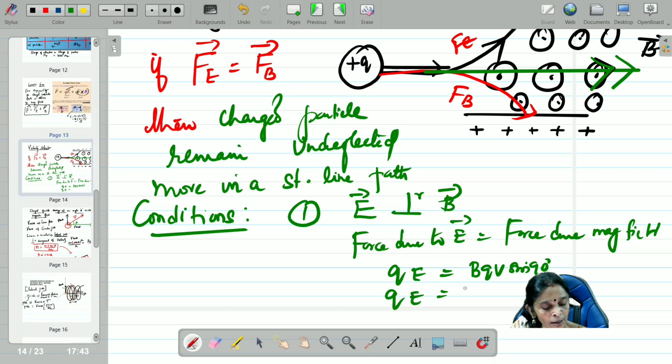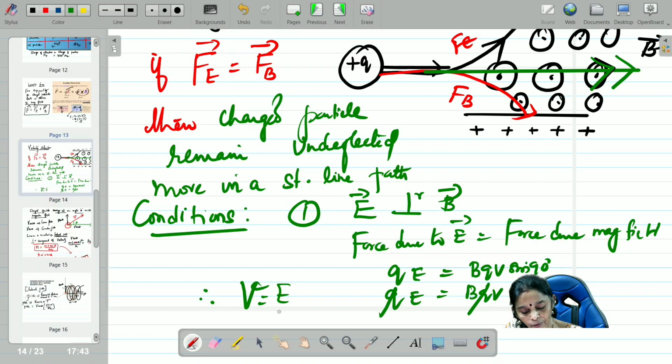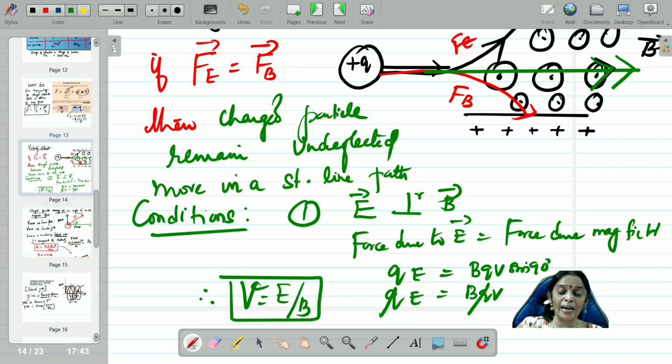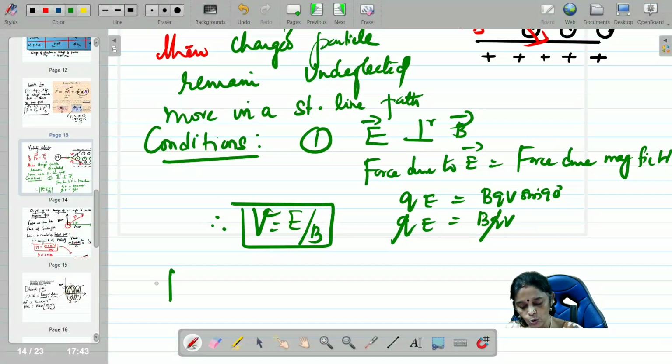I can even write QE is equal to BQV. Q gets cancelled, therefore V can be written as E by B. V is velocity. So this is the condition for the charged particle to remain undeflected. Where can you use it? This principle is used in mass spectrometer.